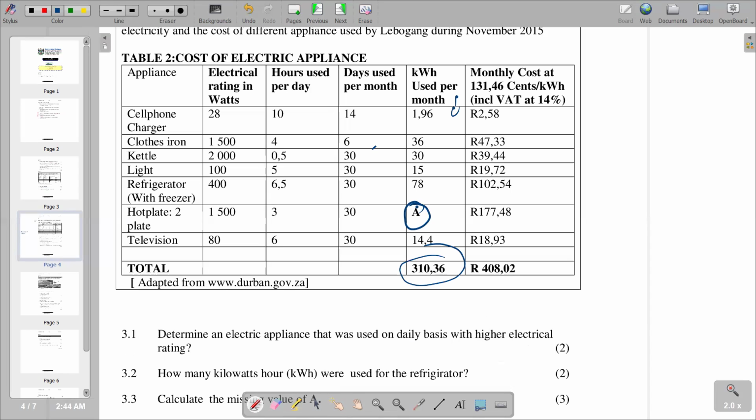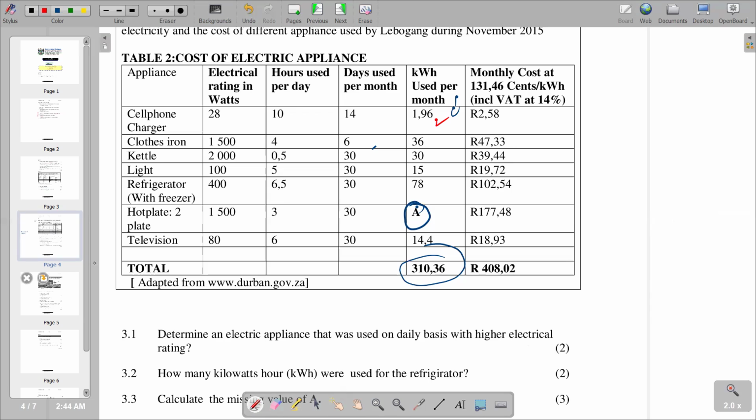So to get A, we take the total of the elements that we have in that column and subtract it from 310.36, because if we add everything, we arrive at 310.36. So we are going to add everything we have, starting from 1.96 up to 14.4. Then the total will be subtracted from 310.36.